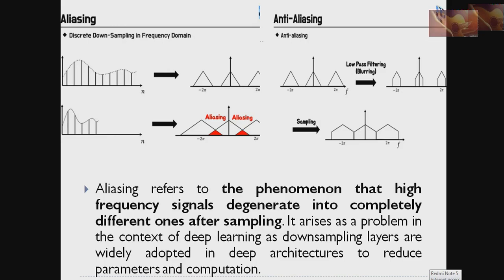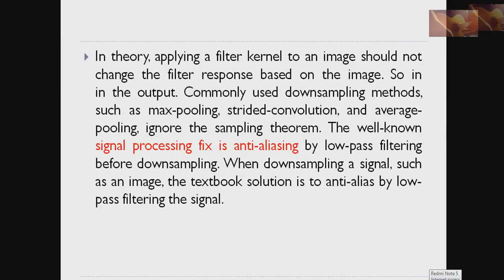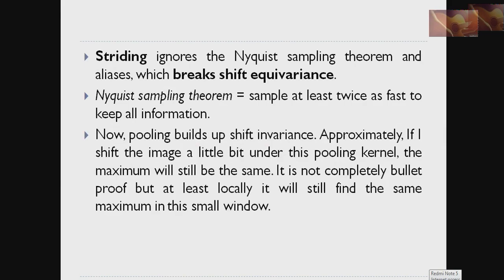Here in this paper, you will see that pooling builds up shift invariance. If I shift the image a little bit under this pooling kernel, the maximum will still be the same. If I shift some image, the maximum under any kernel of my choice will still be the same.